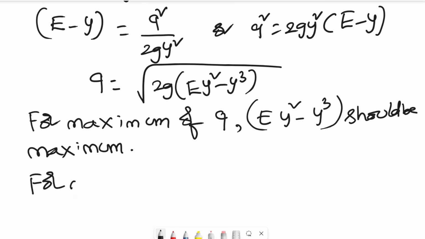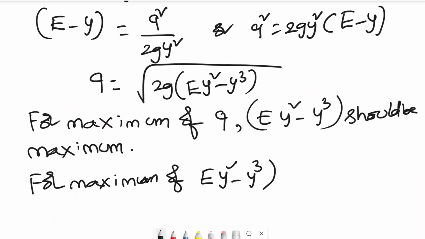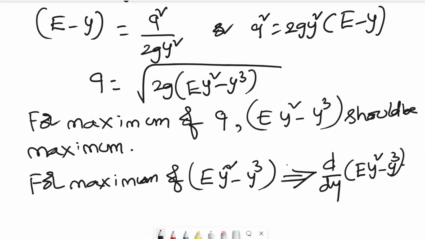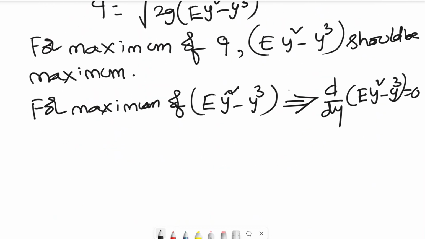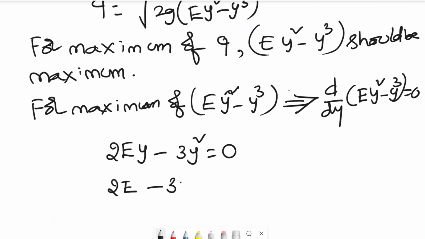For maximum of Ey square minus y cube, d by dy of Ey square minus y cube is equal to 0. Therefore, 2Ey minus 3y square is equal to 0, or 2E minus 3y is equal to 0, or E is equal to 3 by 2 y.